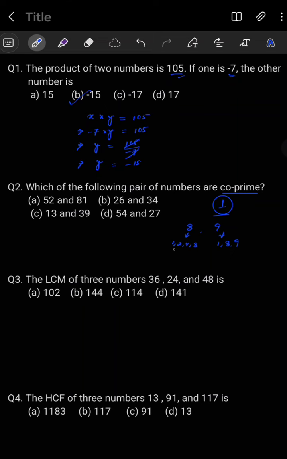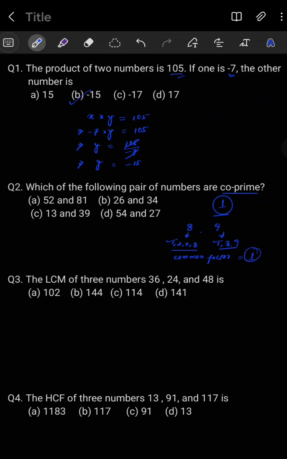So now if I ask you, in between these factors of 8 and factors of 9, what are the common factors here? You will see the common factor is only 1, here also 1, here also 1.